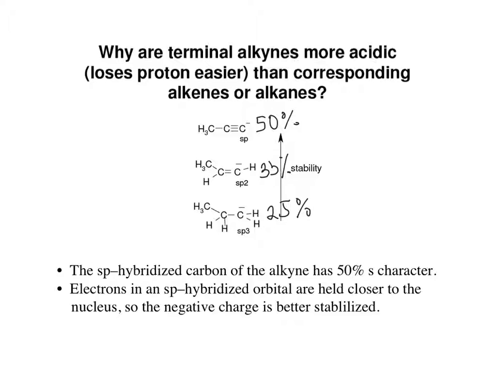The larger percentage of S character means that the electrons in an sp orbital, like we have for the terminal alkyne, will be held closer to the nucleus, so the negative charge is better stabilized. A more stabilized negative charge is a weaker base, thus making the conjugate acid a stronger acid.